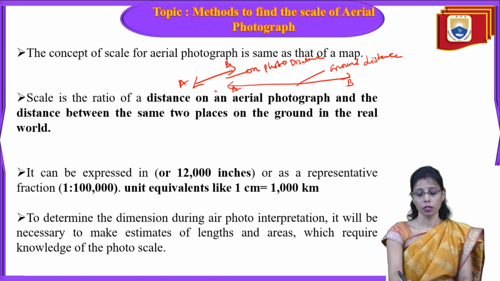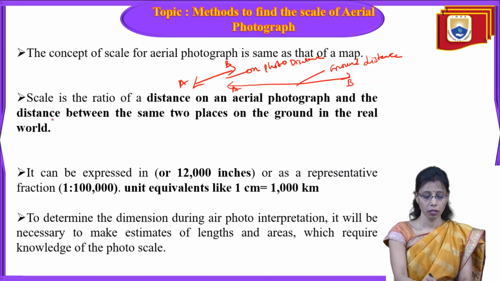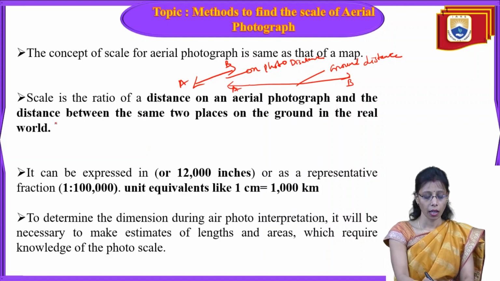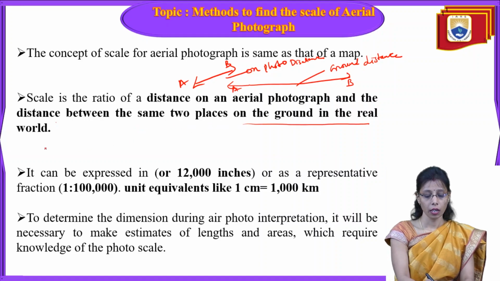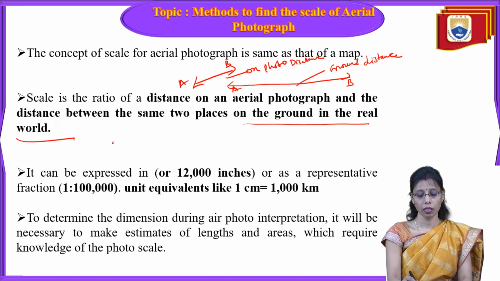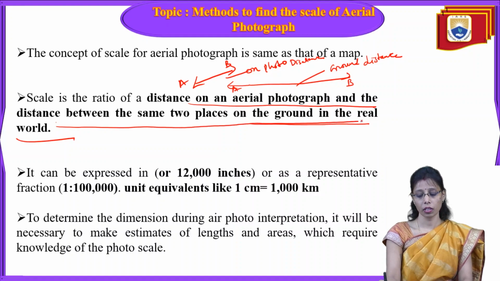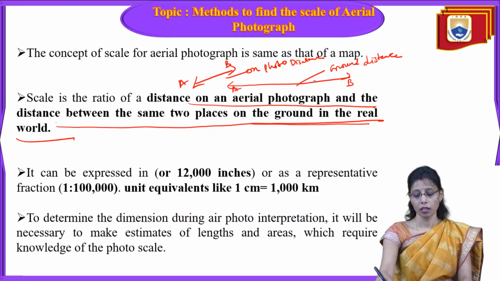Scale is the ratio of a distance on an aerial photograph and the distance between the same two places on the ground in the real world. Real world means the ground distance.